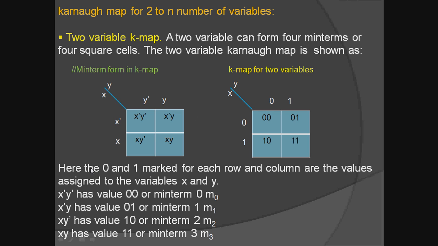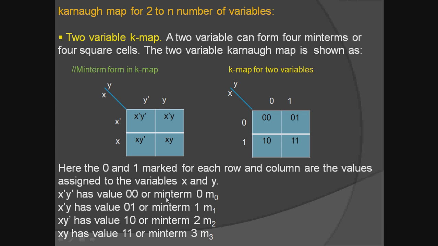So now here 0 and 1 marked for each row and column are the values assigned to the variables x and y, right? Which I've just told. So here x complement y complement has the value 00. So it stores the value 00, or it can be represented in the truth table as, if you refer to the previous videos, x complement y complement would be represented by the value 00, or min term 0.